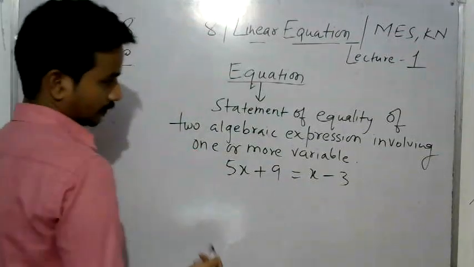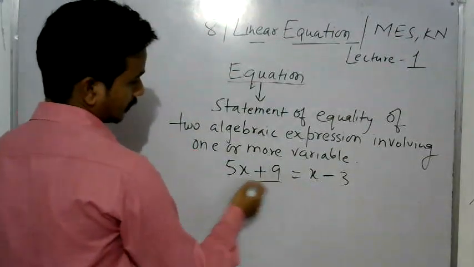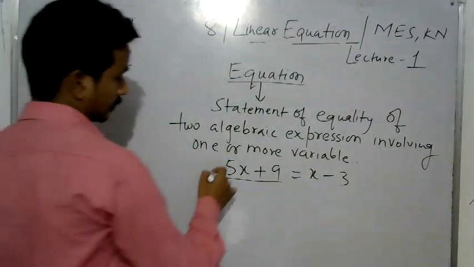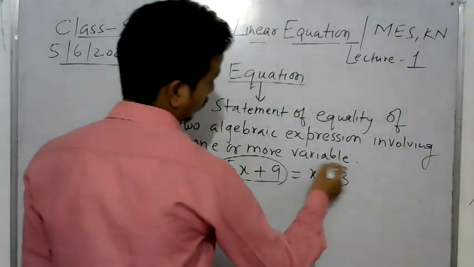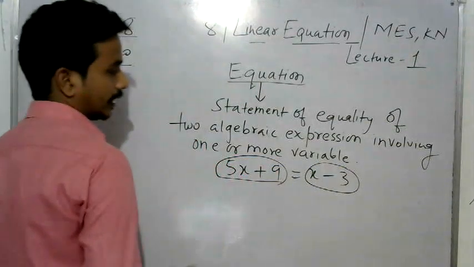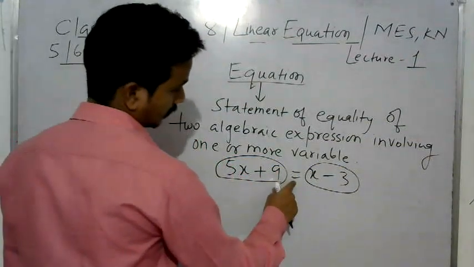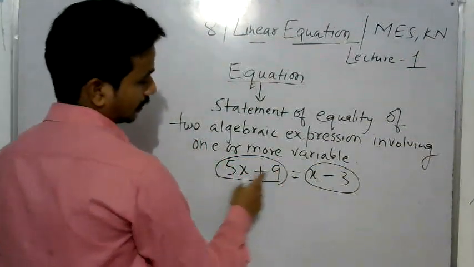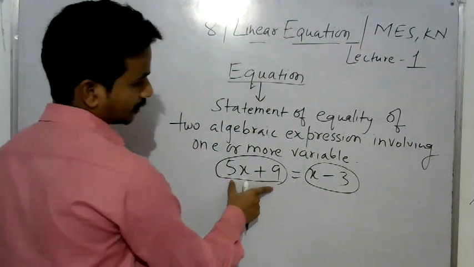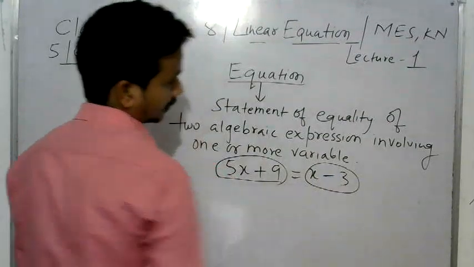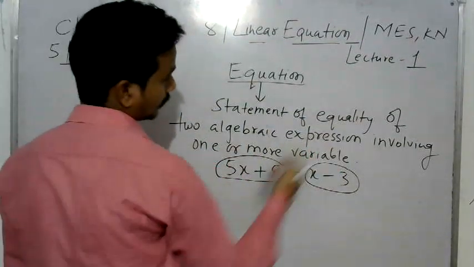So we know that this is a first algebraic expression here, and this is a second algebraic expression, and this equal to sign is saying that this algebraic expression is equal to this algebraic expression. So this is a statement of equality.